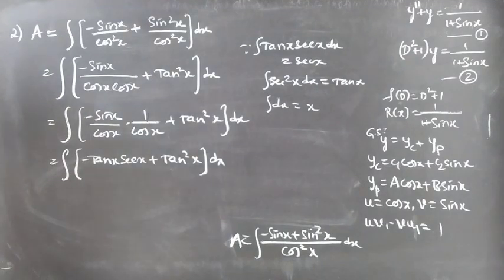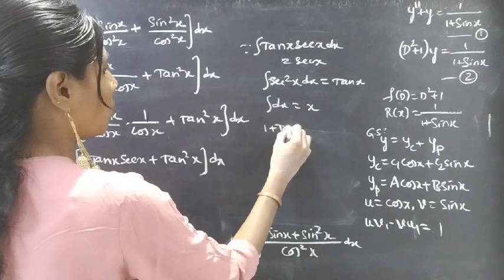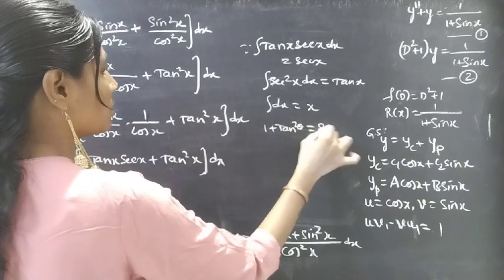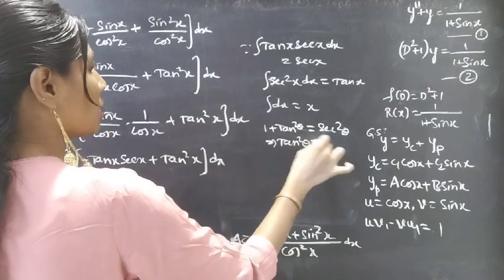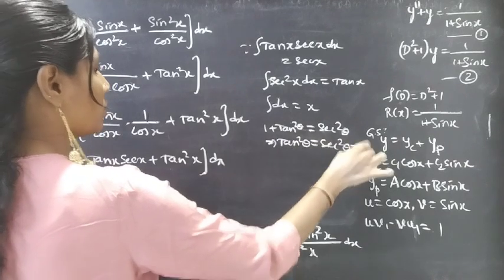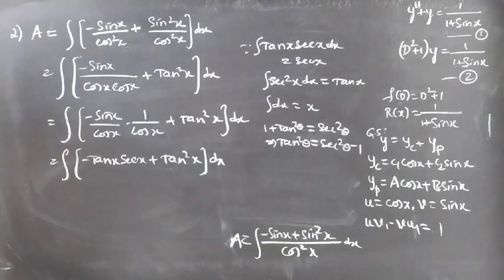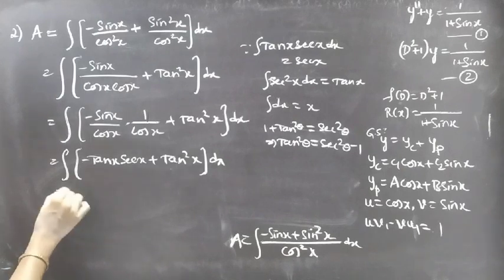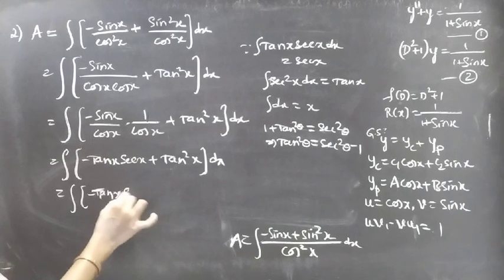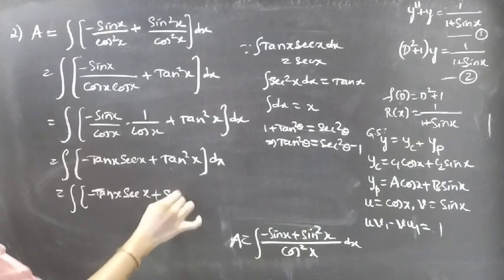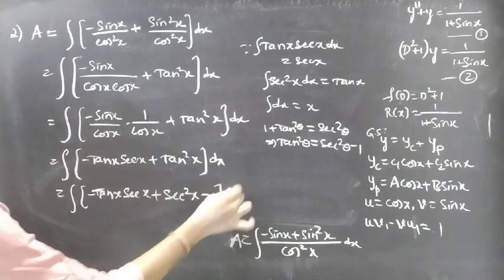We'll write this tan square x in terms of secant square x using the identity 1 plus tan square theta equals secant square theta. From this we'll get tan square theta equals secant square theta minus 1. Just replace tan square x with secant square x minus 1, then we'll get integral of minus tan x secant x plus secant square x minus 1 into dx.